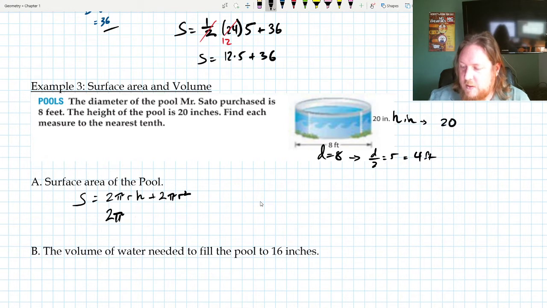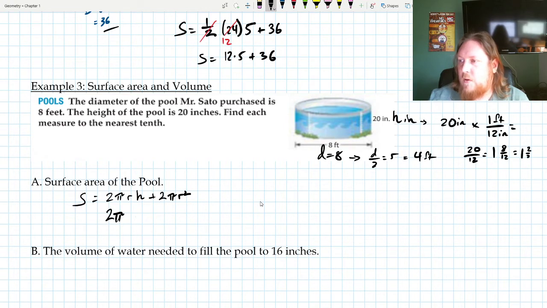So if there's 20 inches, and we know that 1 foot equals 12 inches, then we can figure out what it is. That is 20 divided by 12, or 1 8/12, which is the same as 1 2/3, or 1.67 feet.